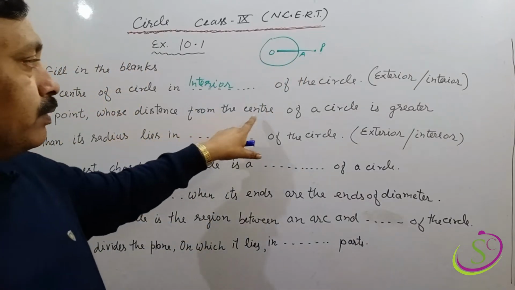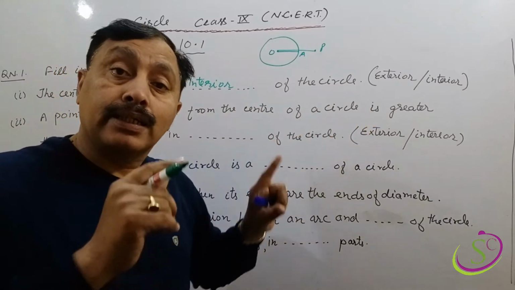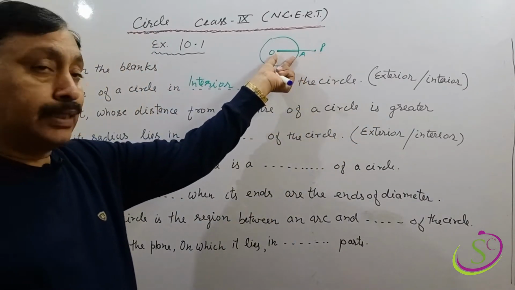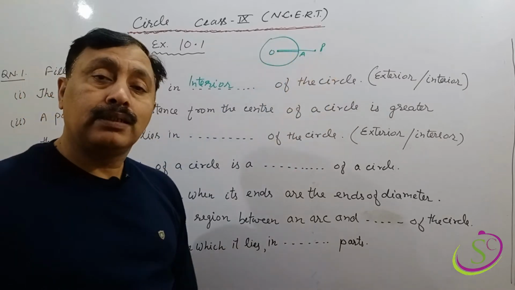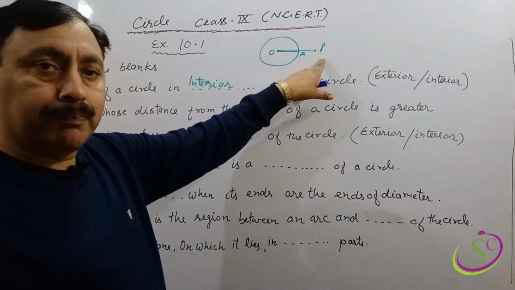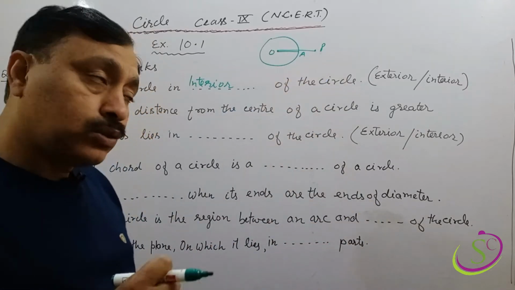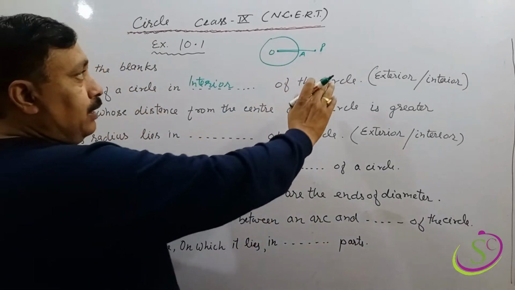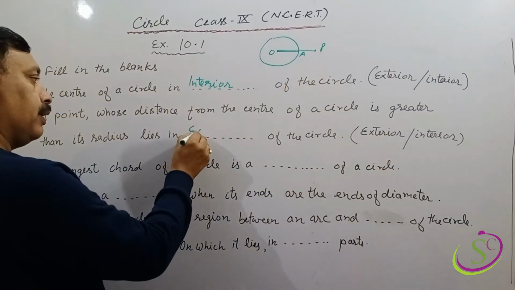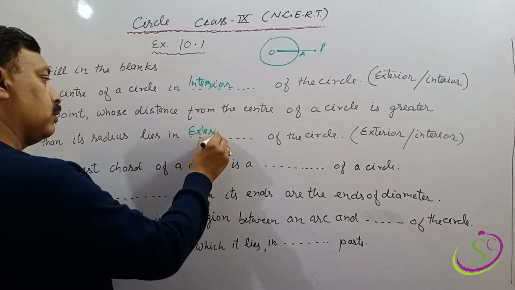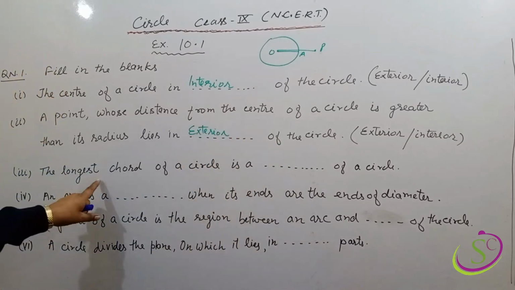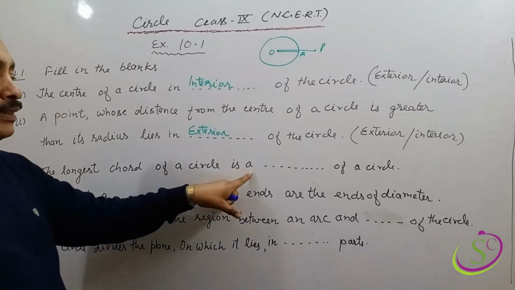The distance from the center is greater, so the distance of this point is greater than the radius, and is this point inside or outside? Clearly point P is outside the circle. So here we can say that point P is an exterior point, exterior of the circle.